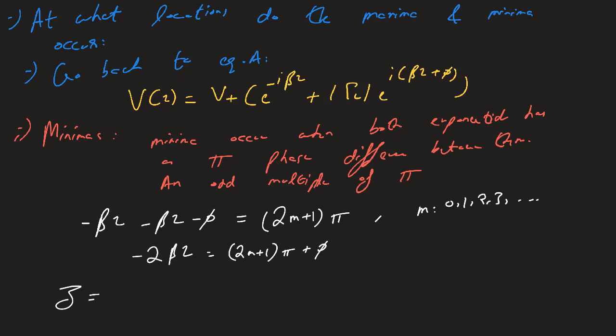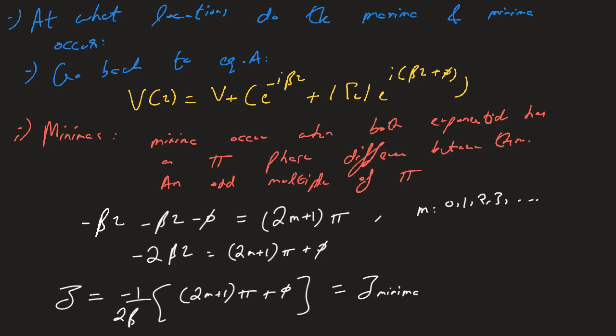So z becomes equal to minus 1 over 2 beta, whole into 2m plus 1 pi plus phi, right? And this is z minimum, and these are the values of z for which minima occur. So for any value of z which satisfies this for any given m, you will have your minima. For minimum amplitude, the minimum amplitude might not be 0, right? But it will be whatever the minimum is, because the difference between these two terms will be the highest.